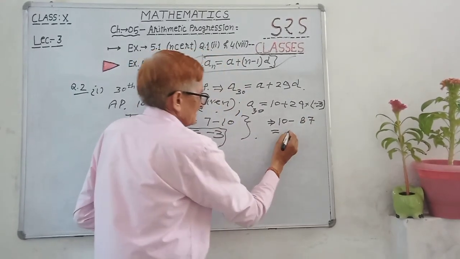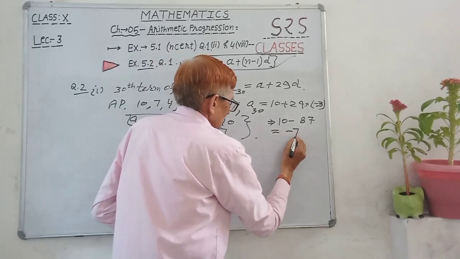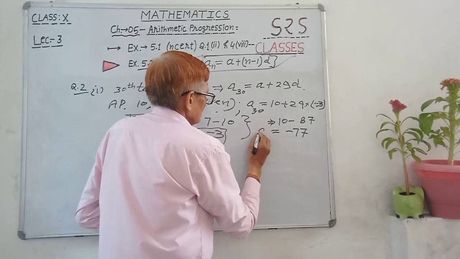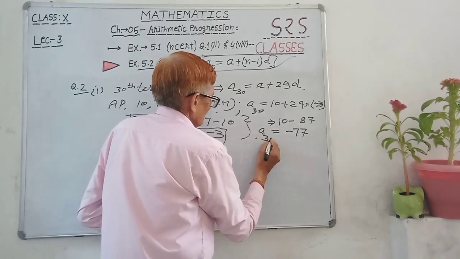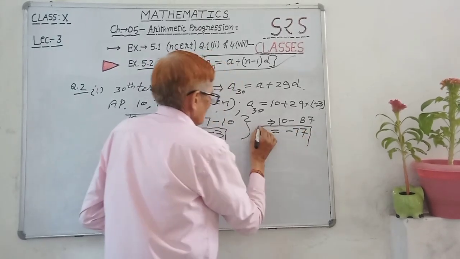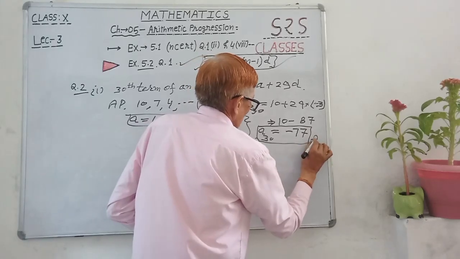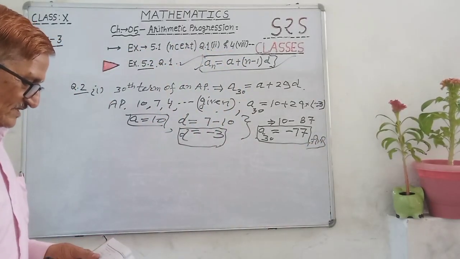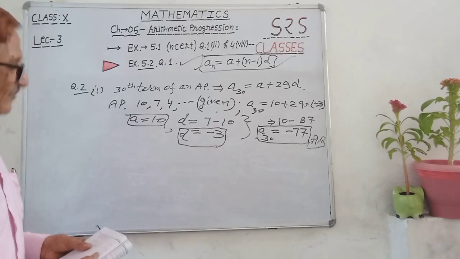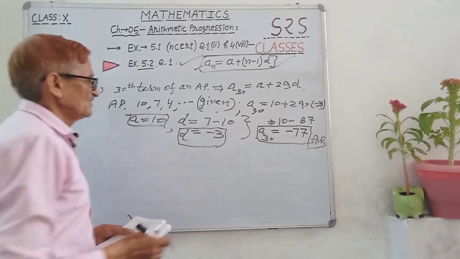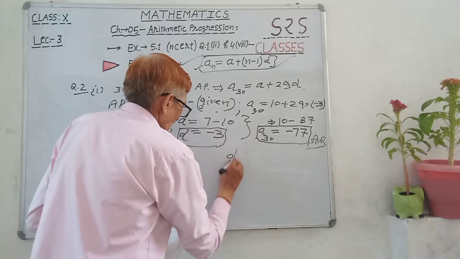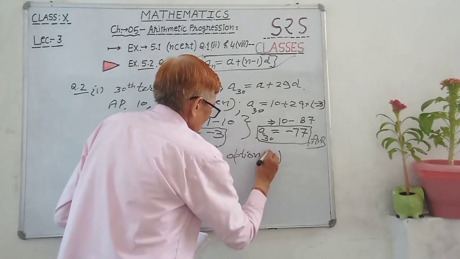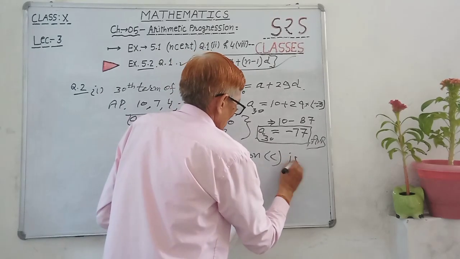So 10 minus 87 is minus 77, which is your 30th term. Answer. Asking for the 30th term, so which option? Minus 77, C option. So option C is correct.